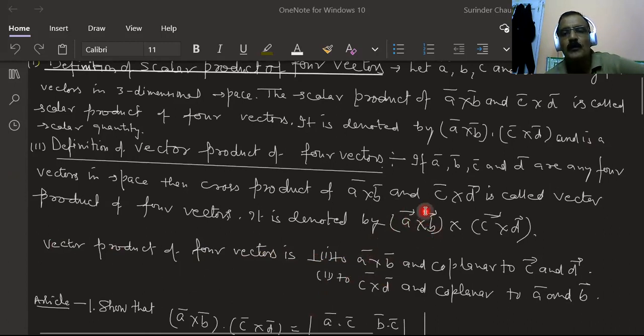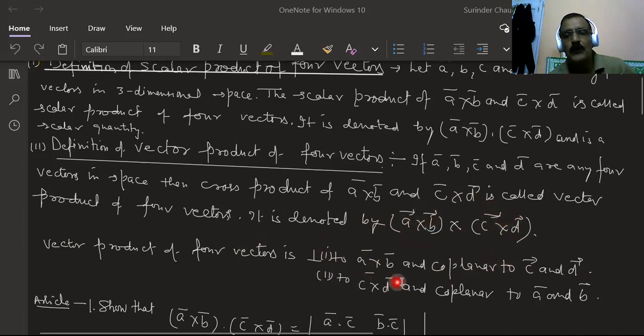Then find the cross product of this resultant vector with C cross D, and we will get a vector perpendicular to A cross B and coplanar to C cross D. So the resultant vector will be perpendicular to A and B and coplanar to C and D.